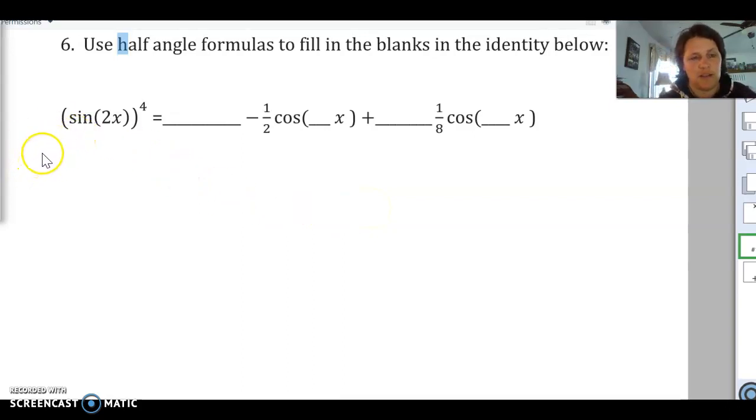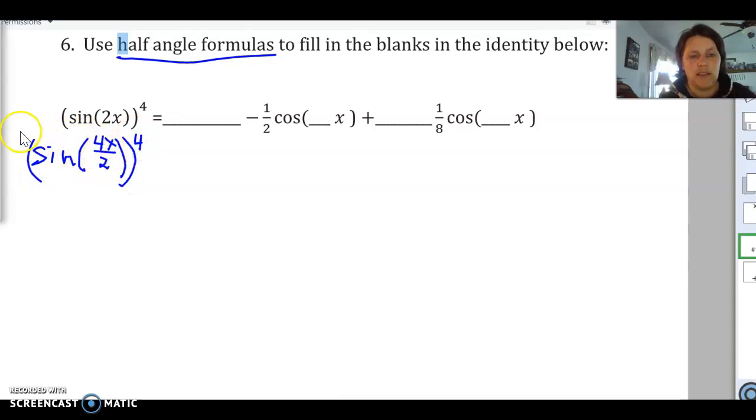All right, first of all, let's look at this. We've got the sine of 2x, except it wants us to use a half-angle formula. So to use a half-angle formula, we need to write this angle in terms of a half. So let's rewrite that as sine of 4x over 2, and then that's all to the 4th power.